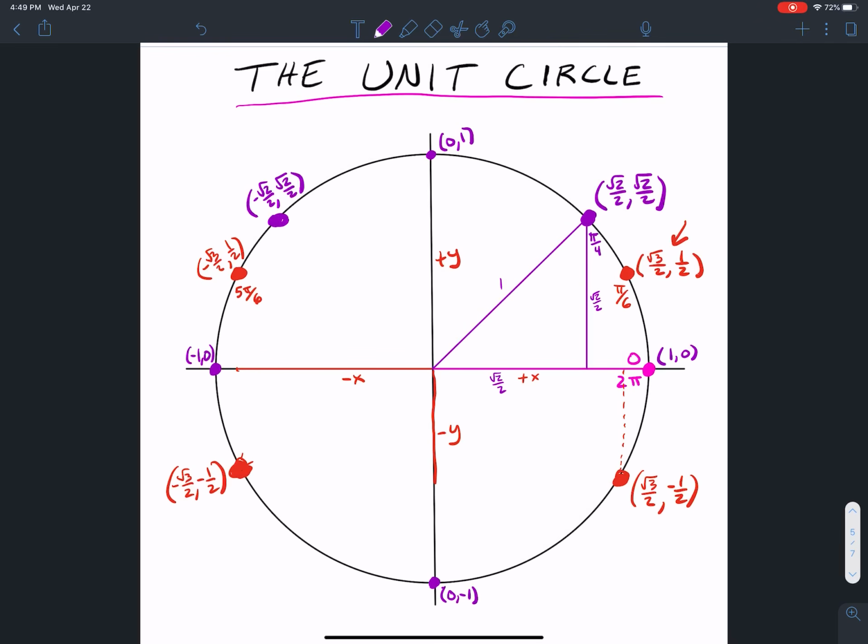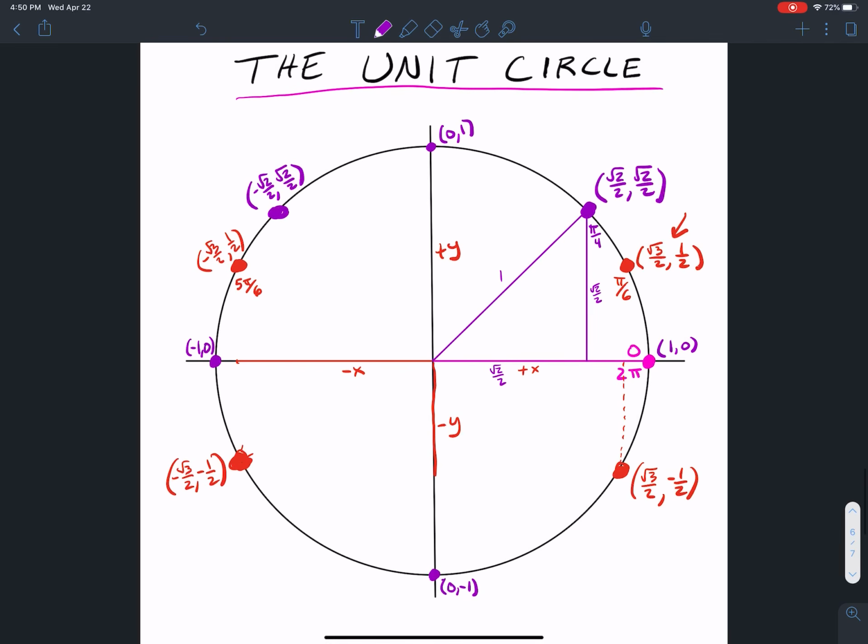So pi over 2 plus pi over 4, that's going to get me, I guess, 3 pi over 4. Okay, so 3 pi over 4 angle going on right there.